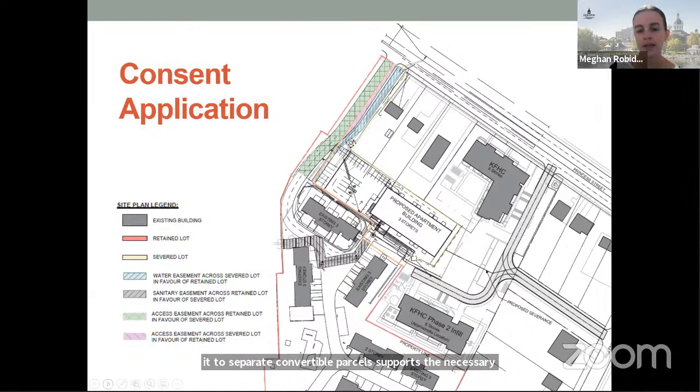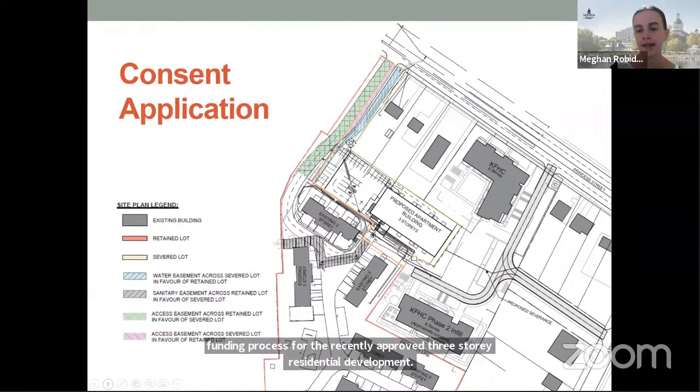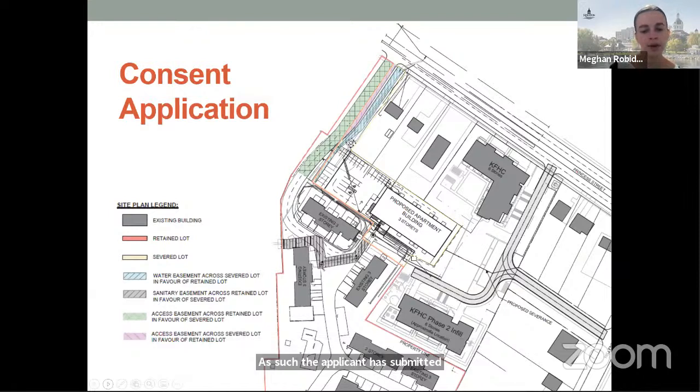As such, the applicant has submitted concurrent consent and minor variance applications to facilitate the creation of 2 separate conveyable parcels, one containing the existing townhouse development, which is outlined here in red, and the other to contain the proposed 3-story multiple residential building that was recently approved by council. And this is outlined in yellow here, if you can see that.